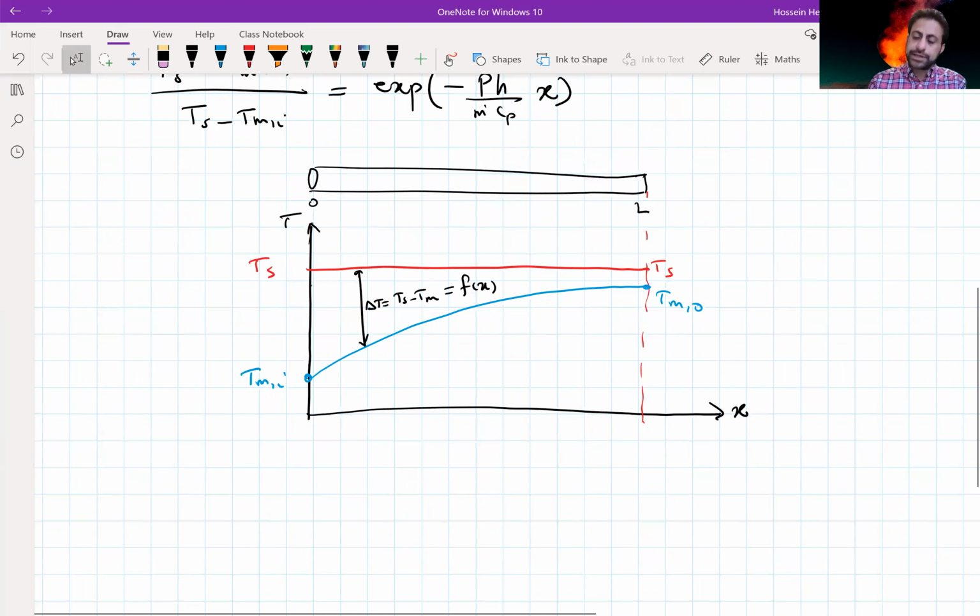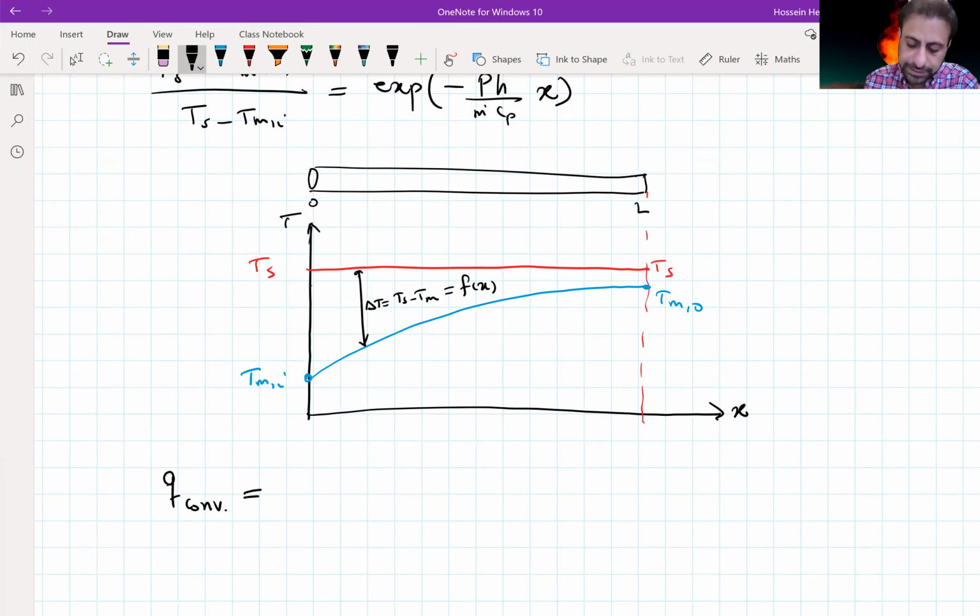And so to evaluate the rate of heat transfer, let's say for the length of this tube, we are going to find out how much heat has been transferred. So the Q convection for the overall length of the tube is going to be m dot Cp (Tmo minus Tmi).